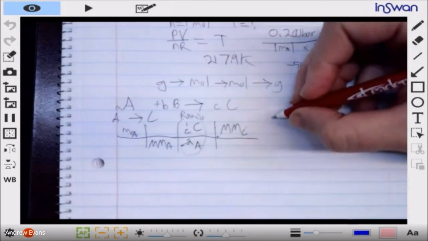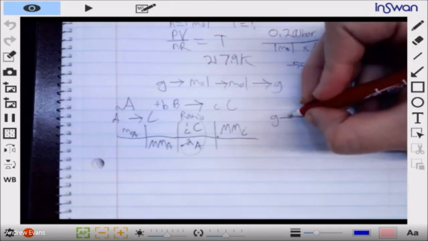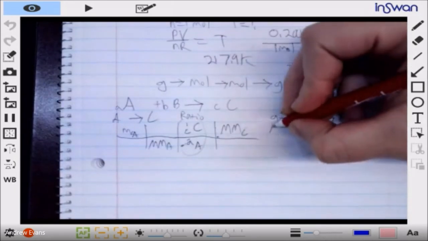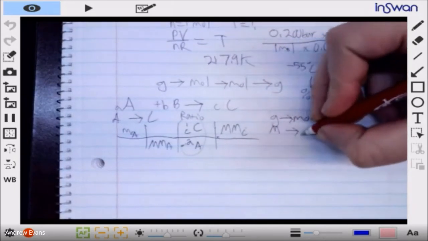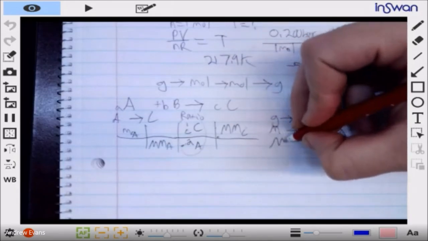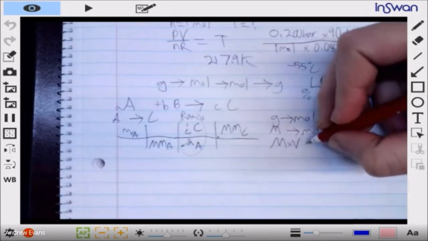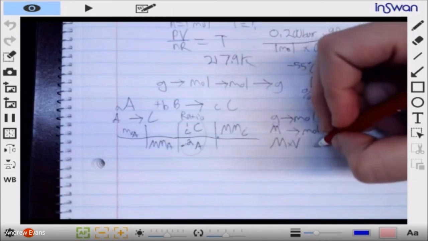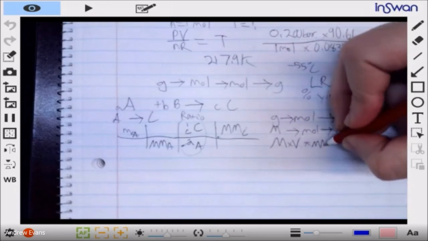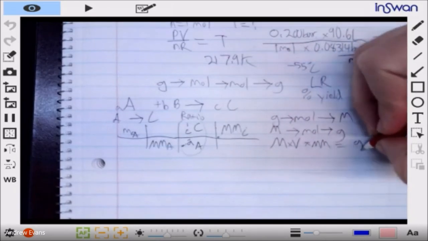We can also go grams to moles to molarity, or molarity to moles to grams. Remember, M times volume times molar mass will give us grams.